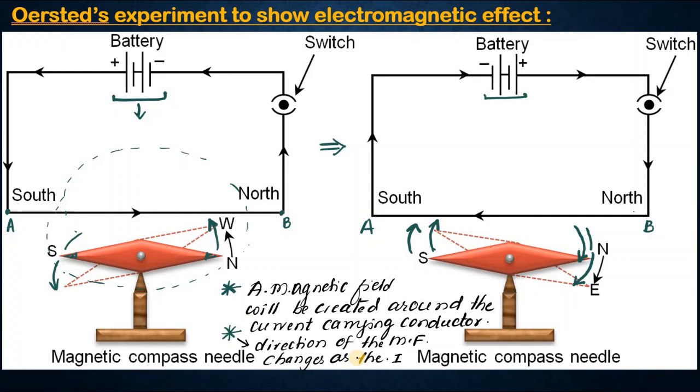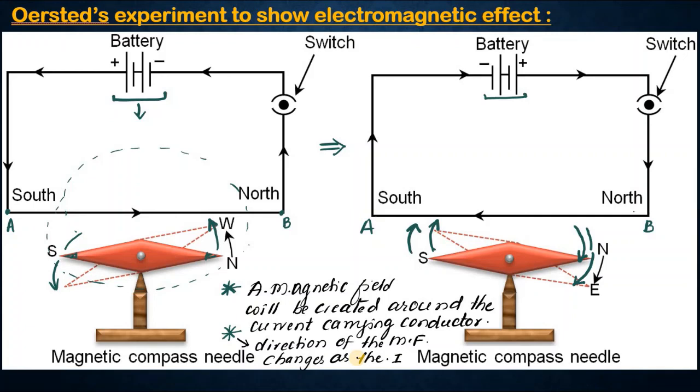And finally, we can say that a magnetic field in a region is not only created due to a permanent magnet, but we can find the magnetic field around a current carrying conductor or whenever there is any flow of charge in a medium. If some charges move from one place to another place in a material medium, then it will create a magnetic field around that medium.